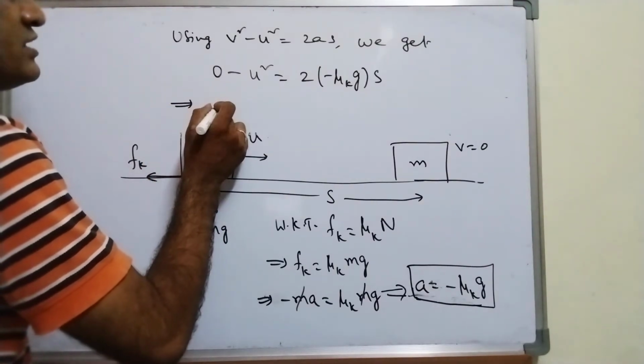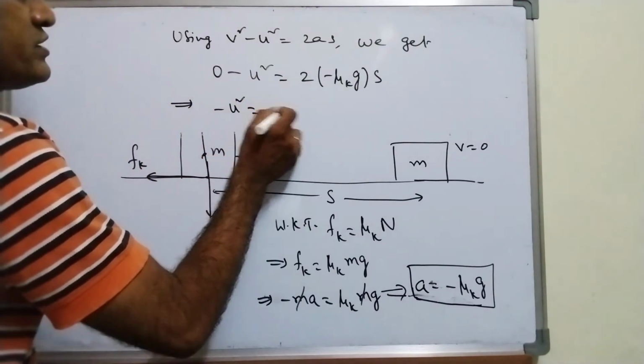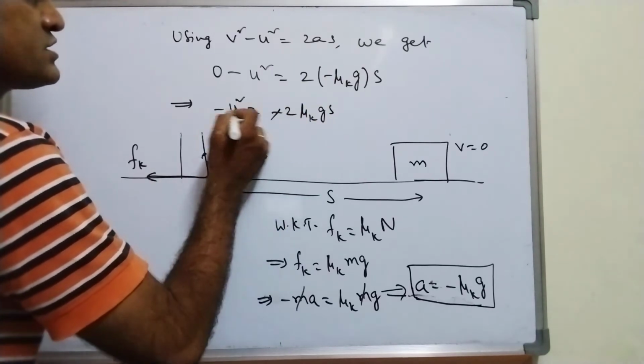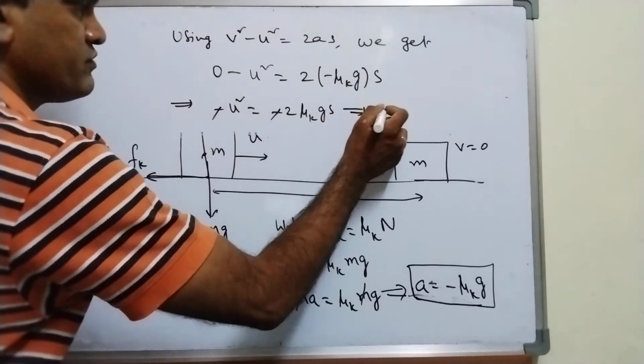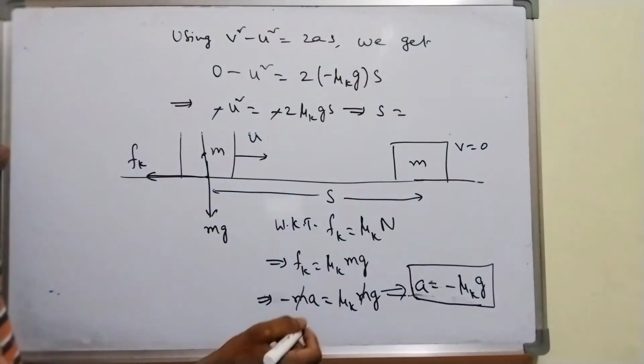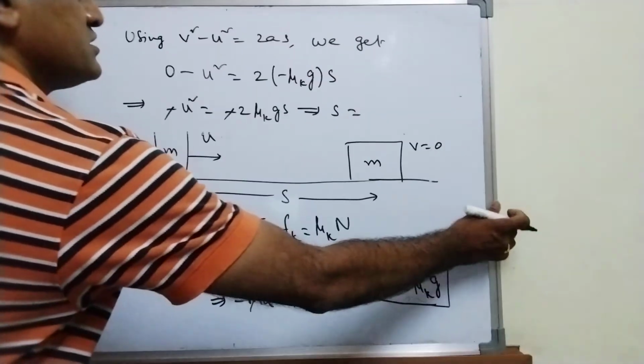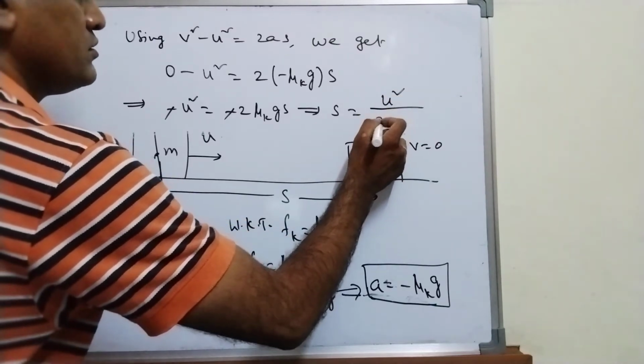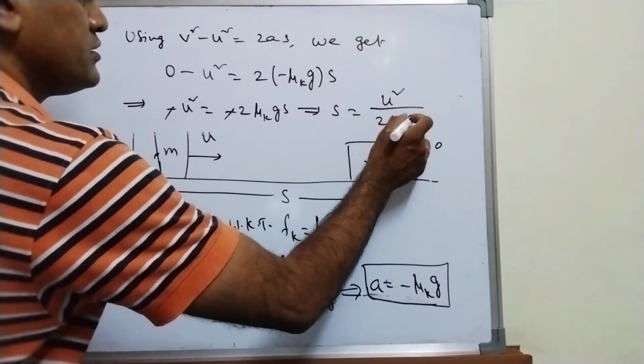Finally minus u square is equal to minus 2 mu k g s. The minus gets cancelled. I want the value of s, so s is equal to u square upon 2 mu k into g.